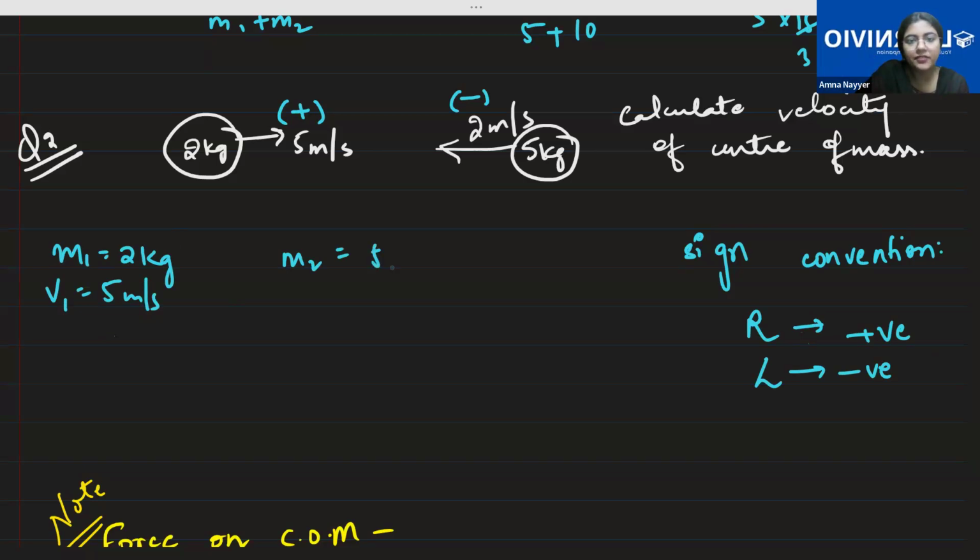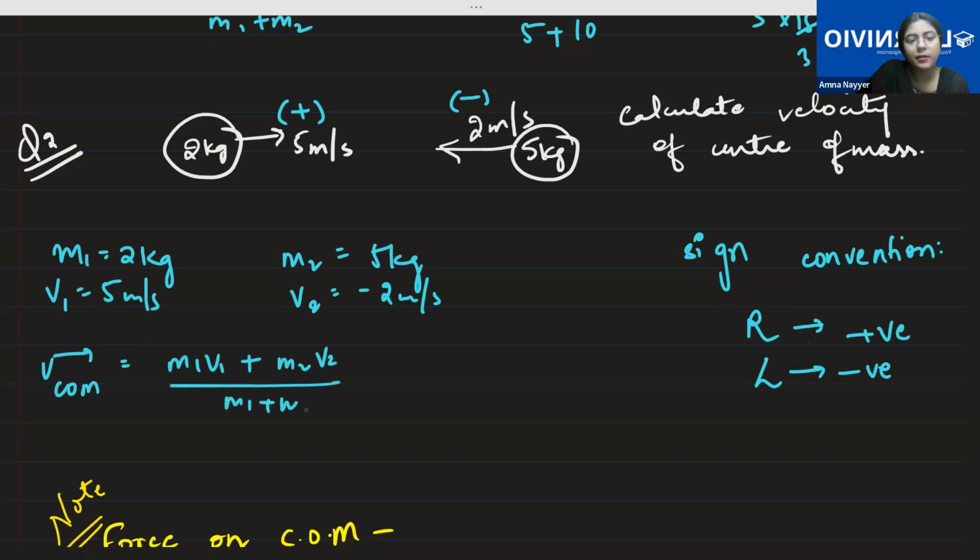Similarly, M2 will be 5 kg, V2 will be minus 2 meter per second. Now, what's the velocity of center of mass? M1 V1 plus M2 V2 divided by M1 plus M2. 2 into 5 plus minus 2 into 5 divided by 5 plus 2. In this case, it will come out to be 0.